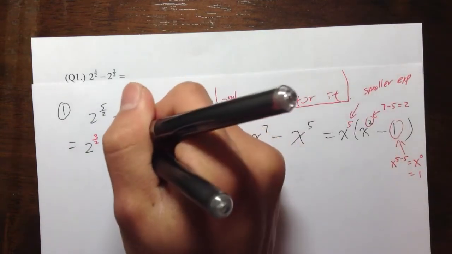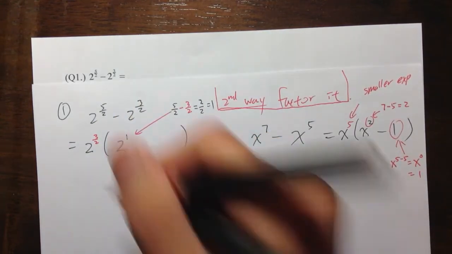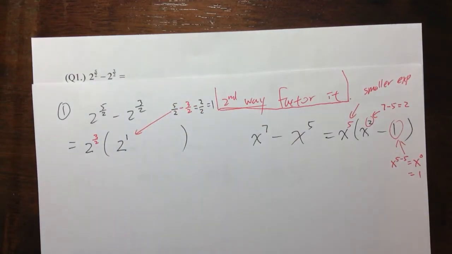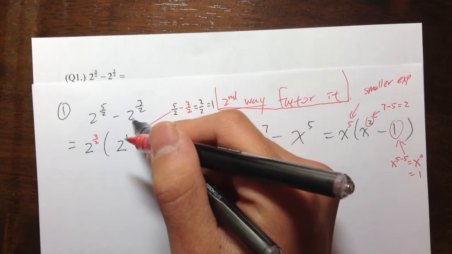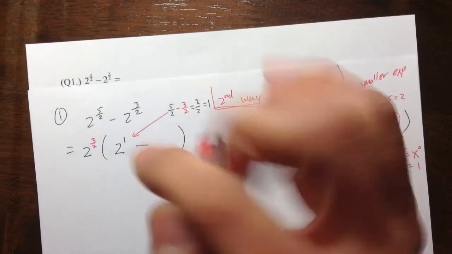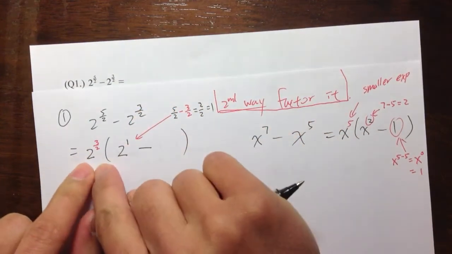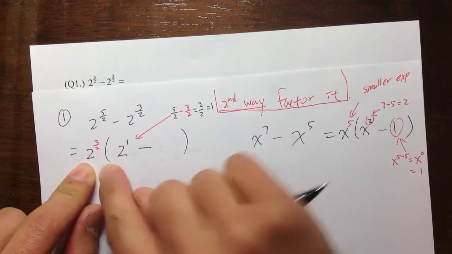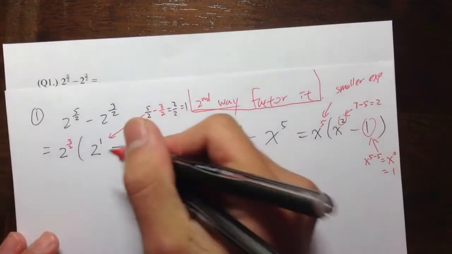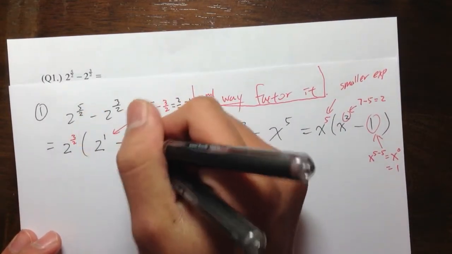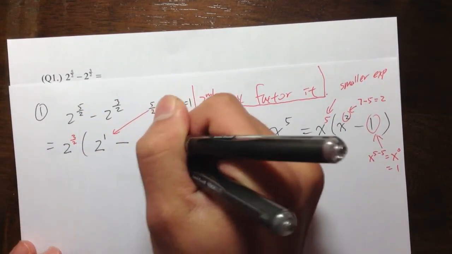So I just have 2 to the first power inside for the first part. Minus, originally you have 2 to the 3 half power, but this is already completely out right here, right? However, you still have a 1 left, just like what happened here. So technically, I just have 2 to the first minus a regular 1.